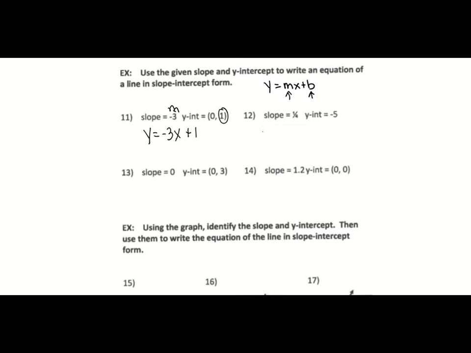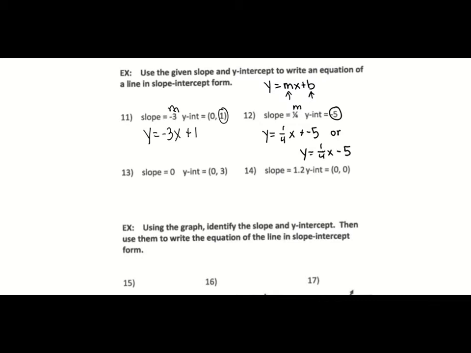Number 12, my m is 1/4. So I have 1/4 x plus my b is -5. So I could either write plus -5 or y equals 1/4 x minus 5.